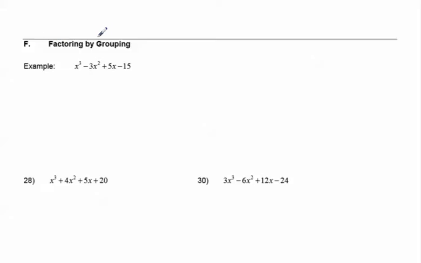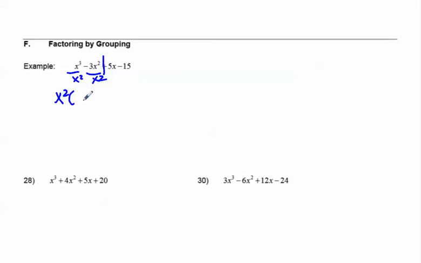Alright, this factoring by grouping is a simpler version of what we just did because you're already given 4 terms. So all you need to do is cut them in half and look for the greatest common factor of each pair. For my first pair, I have x to the third and 3x squared. So both terms have at least x squared in it. So I'm going to take the x squared out.